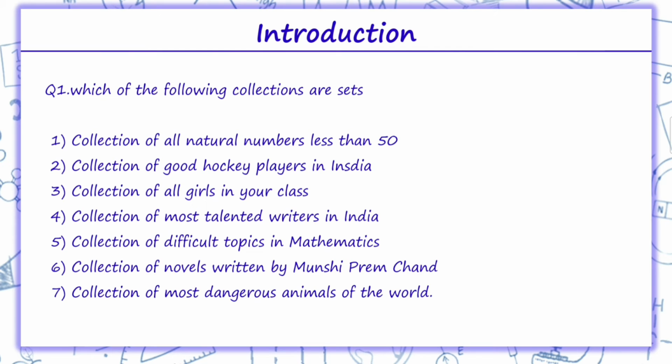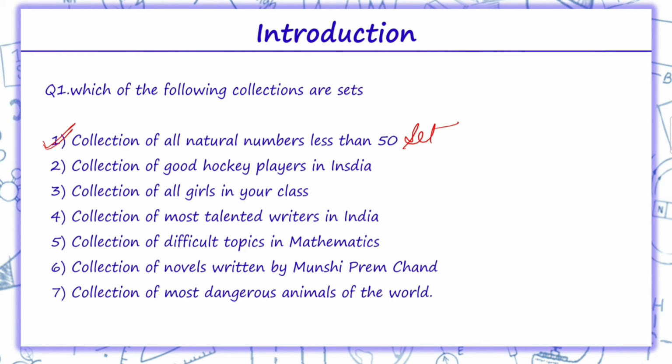Now coming on to the introduction, as we have read the definition of set. Set is what? It is a collection of well-defined objects. So collection of all natural numbers less than 50. Obviously all natural numbers less than 50 can be counted. It is a well-defined object, so it will be a set.